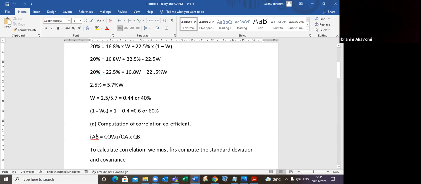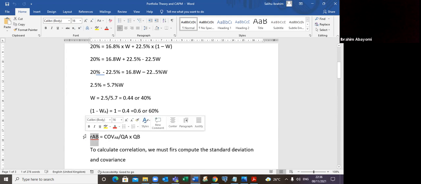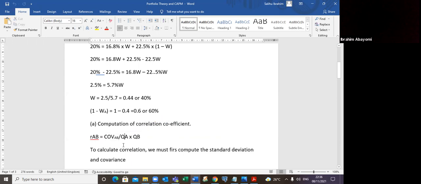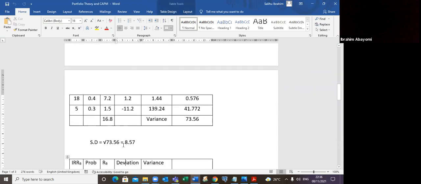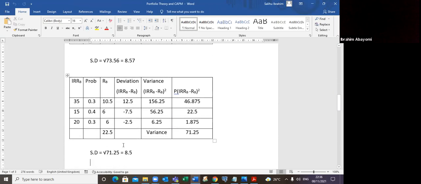This is the formula for the correlation coefficient. From this formula, we just simply make covariance the subject of the formula.